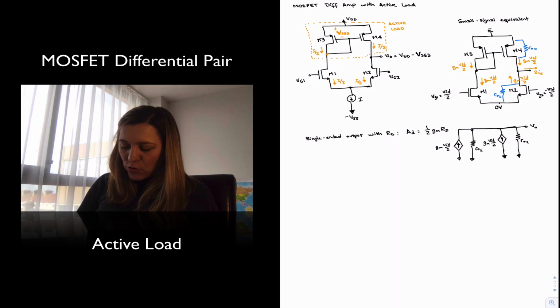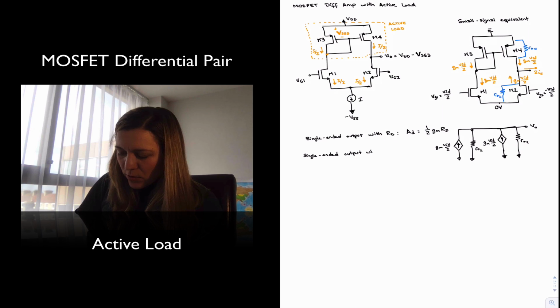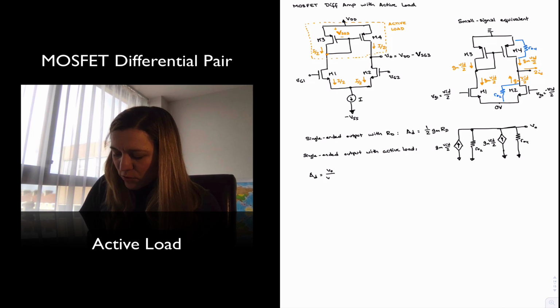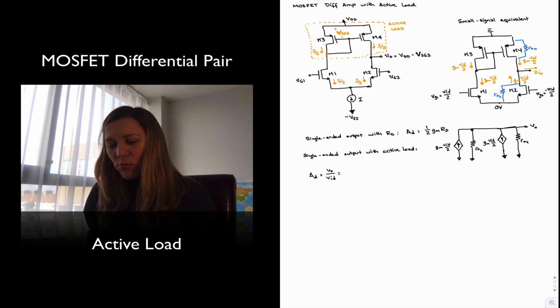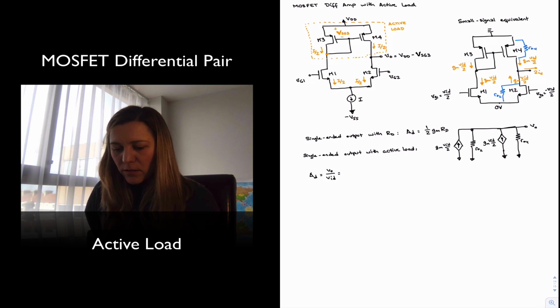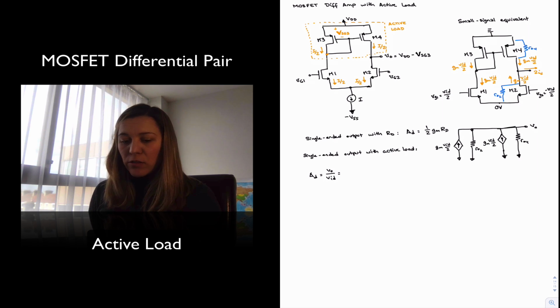Okay. And so my gain, which will be my single-ended output with active load, my differential gain, which will be V out over VID, will be equal to, notice that the current that develops here, or the voltage that develops, is going to be the current times the resistance.